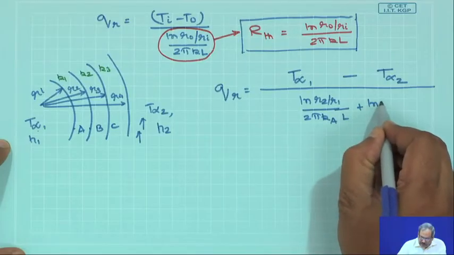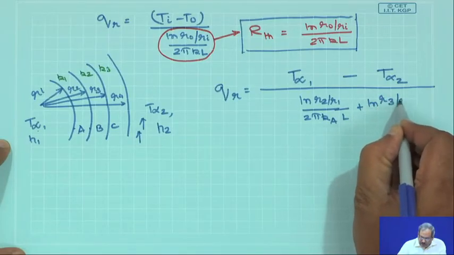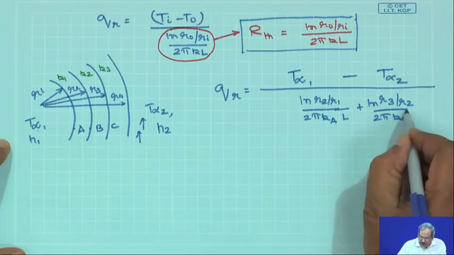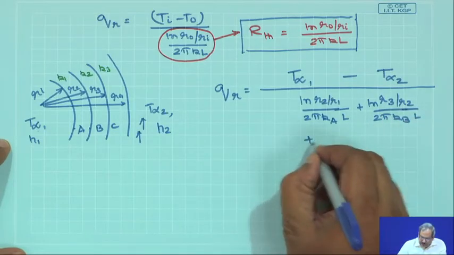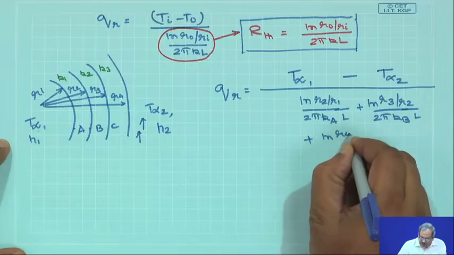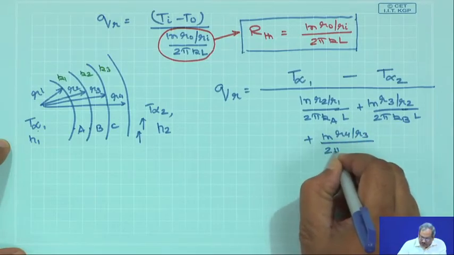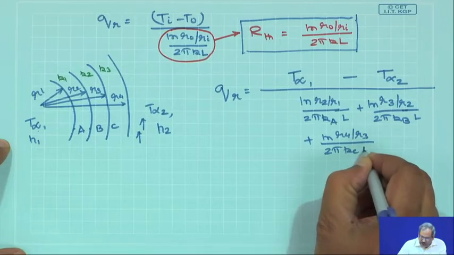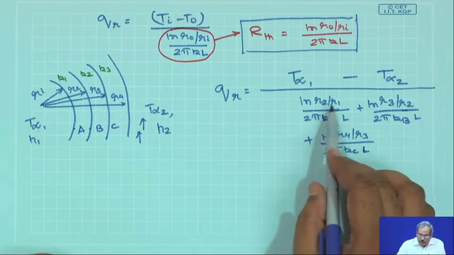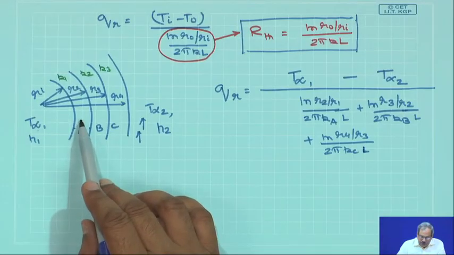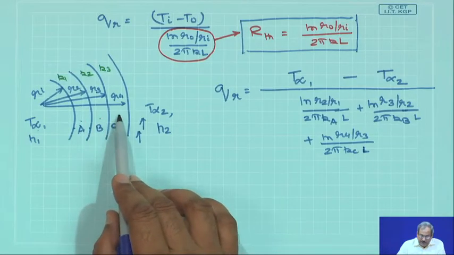So this is ln R3 by R2 divided by twice pi Kb times L, plus ln R4 by R3 divided by twice pi Kc times L. So these are the 3 conduction resistances through the materials A, B and C.